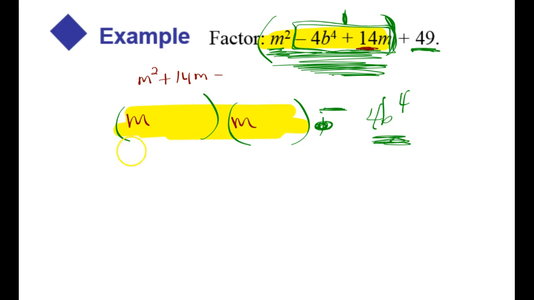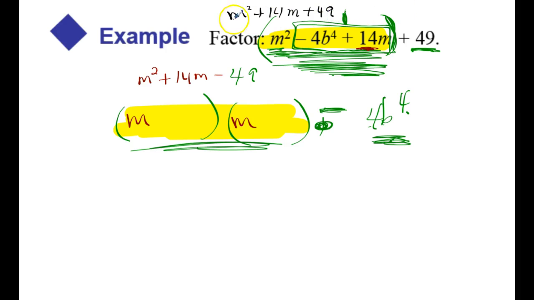So what I'm trying to do is get yellow to be a perfect square and the 4b to the 4th. So that means I can use the 49 here. So I'm reorganizing this thing. Oh, sheesh. So I've rewritten this: m squared plus 14m plus 49, and I'm going to group that together and say minus 4b to the 4th.